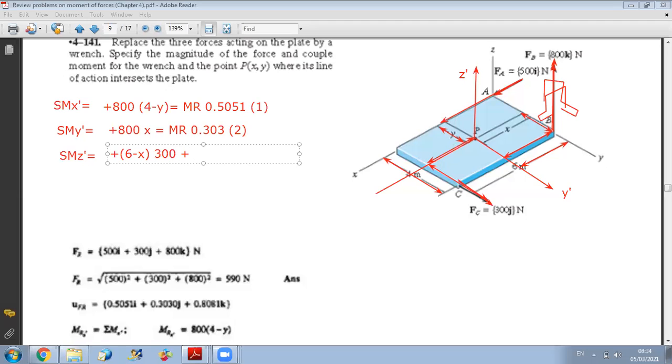So plus 500 times Y equals the component of the moment along K, which is MR times 0.8081. So this is equation number 3. If you compare with our previous system, we obtained the same three equations. So of course, when solving, we'll get the same result.